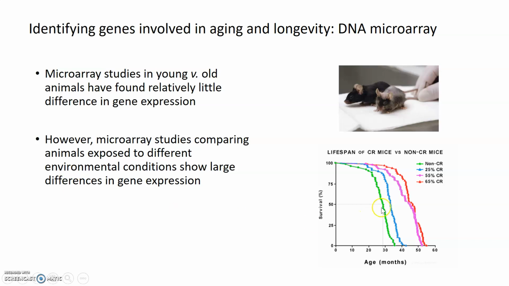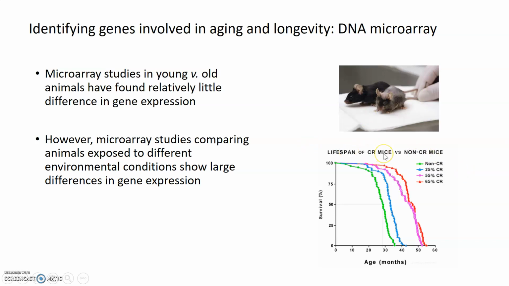And one kind of example of a successful study that has already been done in using microarray to look at a question like this is a study that was done in the lifespan of mice that were exposed to caloric restriction, which is basically just a very extreme diet, versus mice that weren't.